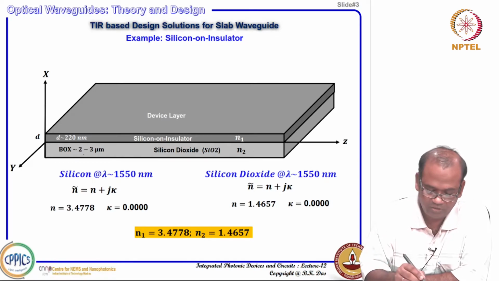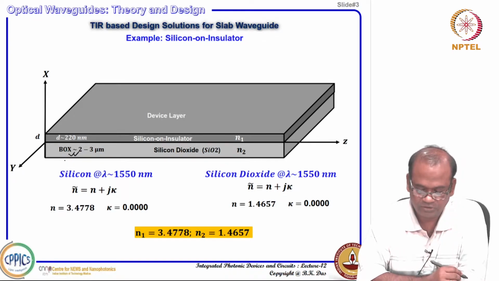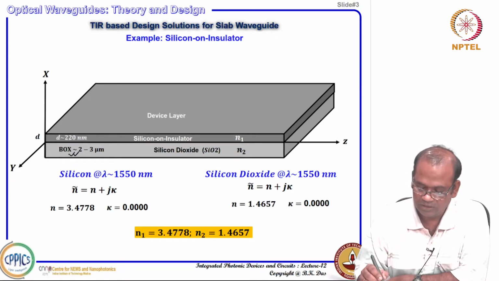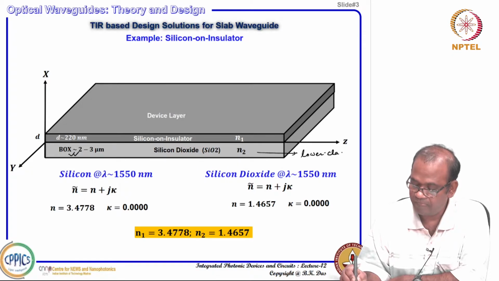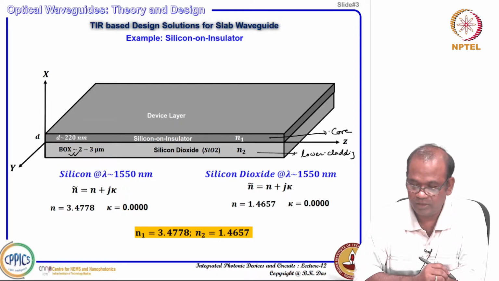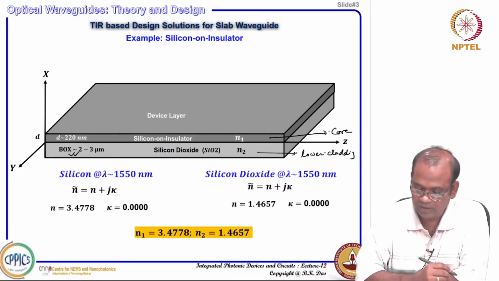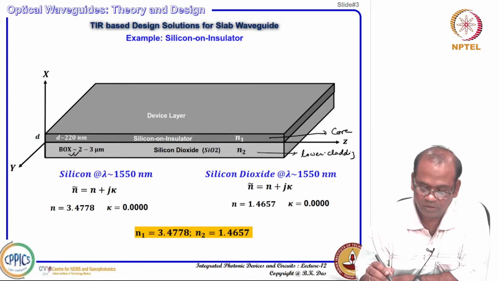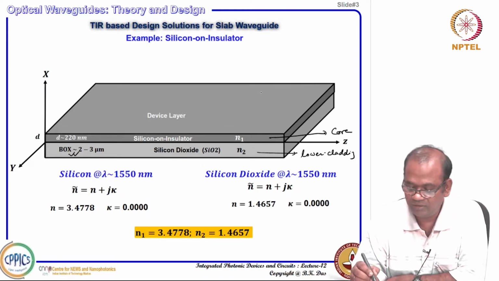I just consider only the BOX, that is silicon dioxide, and that acts as the lower cladding of the slab waveguide, and then this device layer is the actual core where light will be confined, and on top, if you do not do anything, that means it is air.